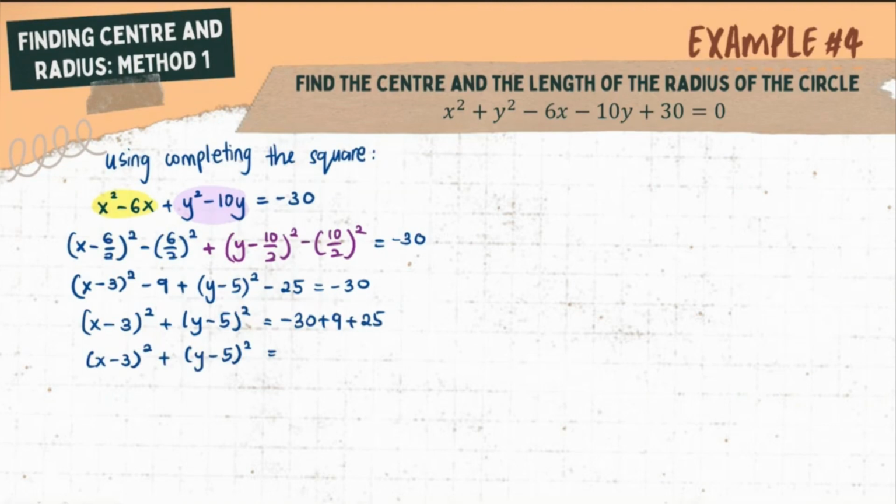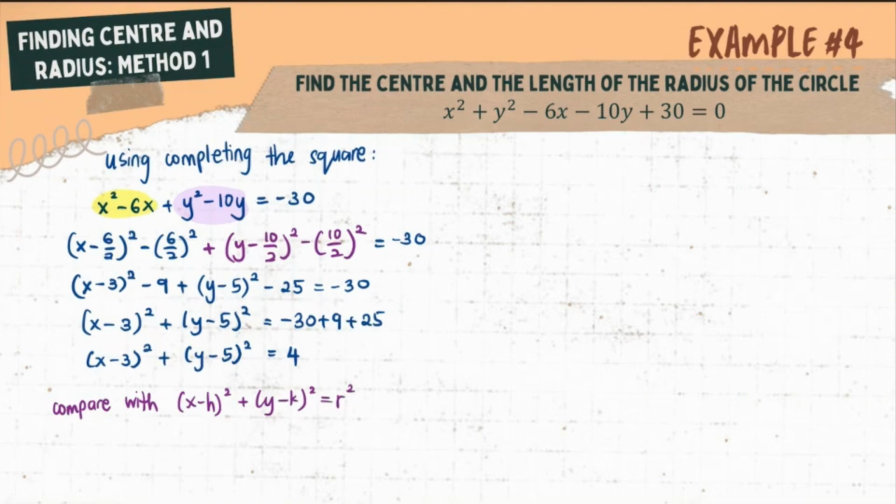So we have 4 kat sini. Okay. Now what we are going to do is we are going to compare with x minus h squared plus y minus k squared equals to r squared.